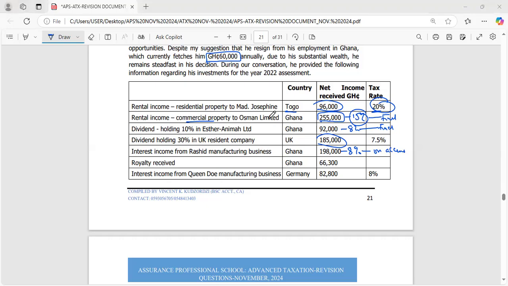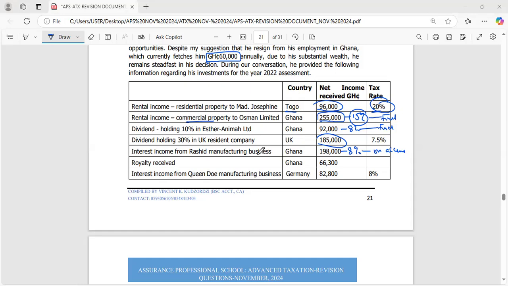I shared some brief summary on withholding tax on dividend and investment on the page. You see, interest. There are certain forms of interest that are not subject to the 8% withholding tax. The first one is interest received by an individual. If you are an individual, you receive interest. That interest will be exempt from tax.